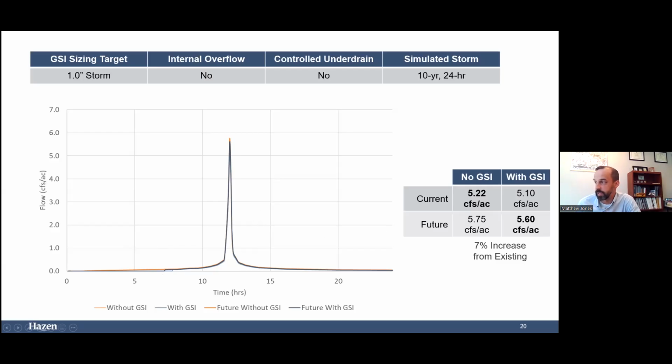And you can see that reflected here under our current setup with no green infrastructure. We're at 5.2 CFS per acre. The green infrastructure provides some incremental reduction there, but not enough to counteract those increases in storm size for our future climate condition.